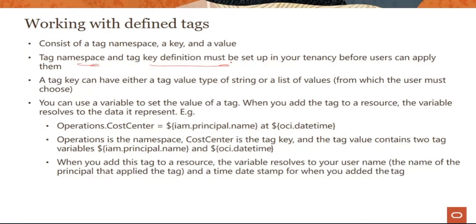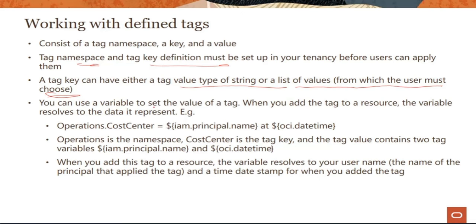Maybe it's a compartment admin, maybe it's a tenancy admin who sets it up so you as users can use them. A tag key can have a tag value type of string, or it can also have a list of values from which the user must choose. So you can also provide options where the user only chooses from a specific set of values.